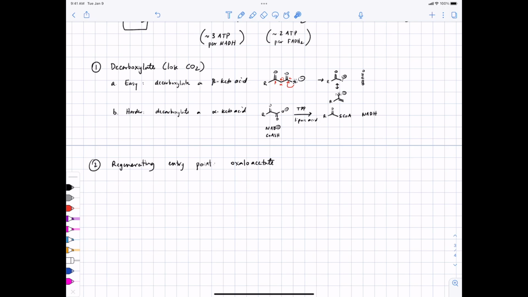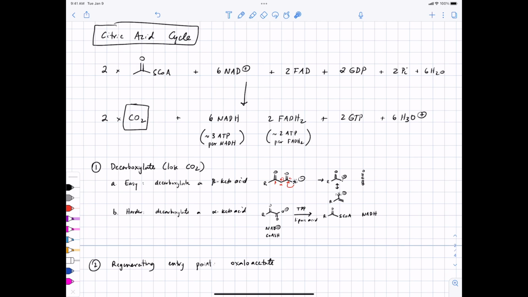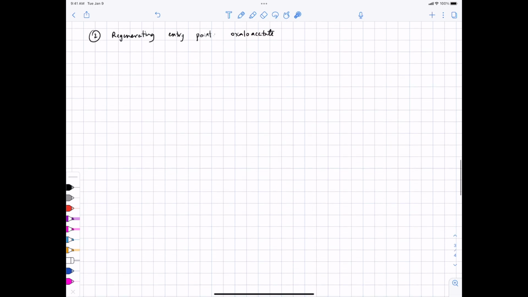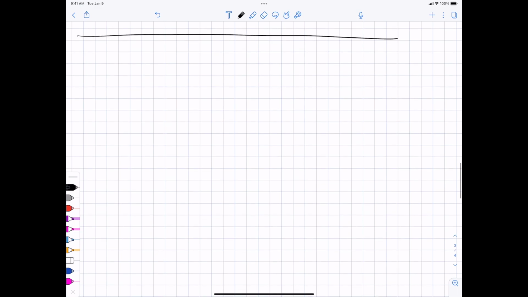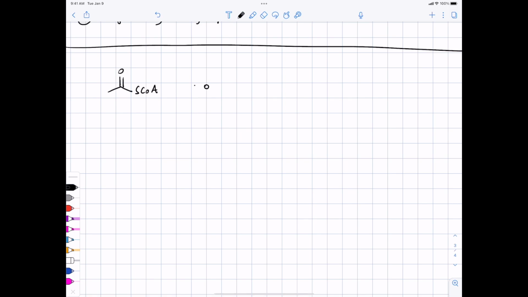So it's called the citric acid cycle because the first step involves formation of citric acid. Okay. So this is the entry point. You take acetyl-CoA, and then the following molecule, which is called oxaloacetate.